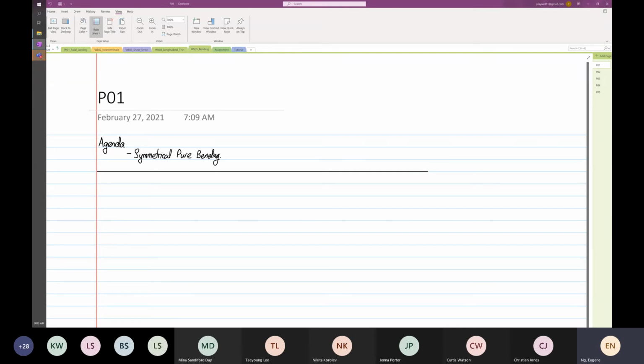Right. Let's go into symmetrical bending. So if we have a structure, I'm going to draw a structure now. This is again for pure bending.